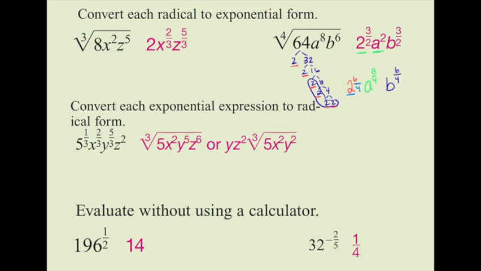Let's look at this one. I had to have a common denominator. So the first 3 actually have common denominators, but this guy right here does not. He's 2/1. So that's where this 6 comes from. My denominator is 3. It is 5 to the 1st power, x to the 2nd power, y to the 5th power. And then if I were to get this z with a denominator of 3, that would be z to the 6/3.